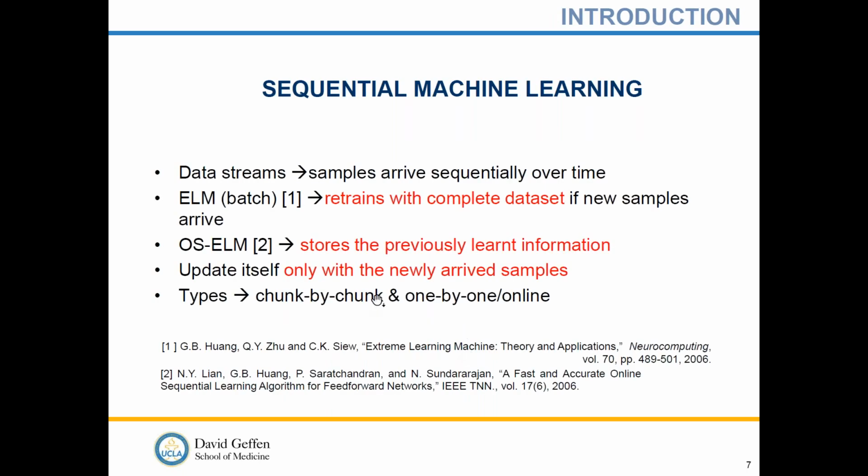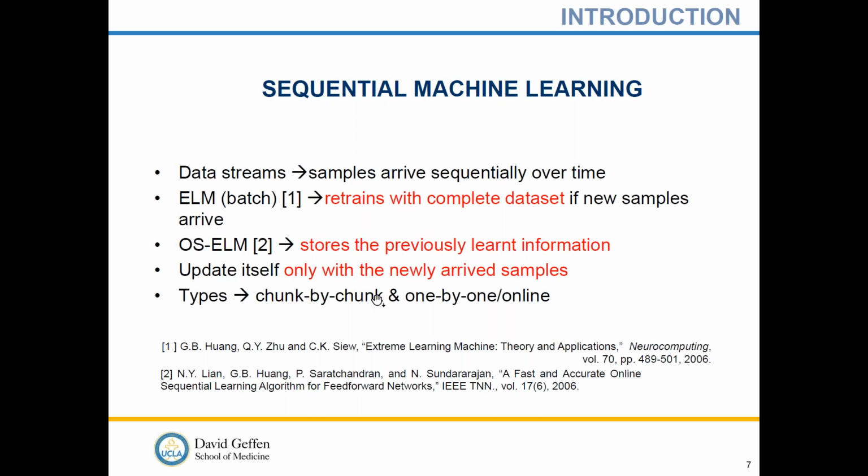Generally, when you are training a classifier, you are given a complete data set a priori. But in the domain of data streams, the samples arrive sequentially over time. So if you use standard classifiers such as ELM, it has to be retrained with the complete data set every time new samples arrive.